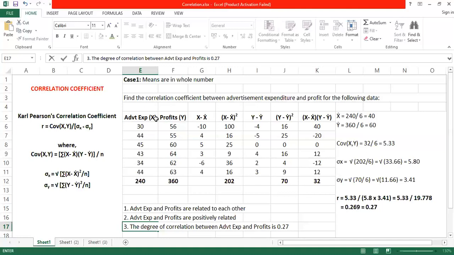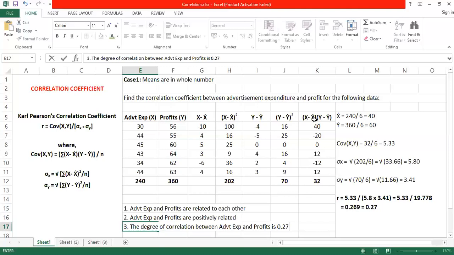So what we did, first we identified our x and y. Then for x, we calculated x bar, that is mean. For y, we calculated y bar, which is mean of y. And we checked whether the means are whole numbers or not. If it is a whole number, we proceeded further. We found x minus x bar and y minus y bar. Then for x minus x bar, we took the square. For y minus y bar also, we took the square.